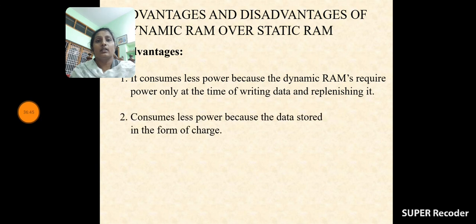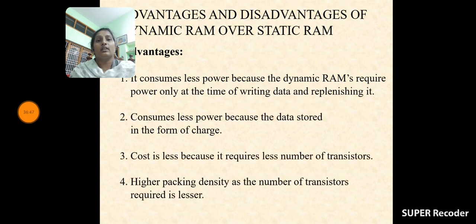And see here now, what are the advantages and disadvantages of dynamic RAM over the static RAM? Already I explained it in the chart, but once have a look here. It consumes less power.